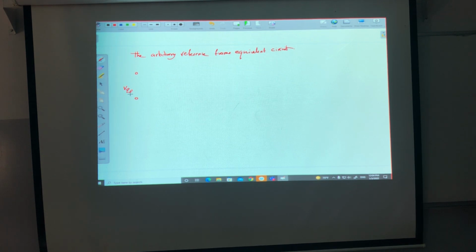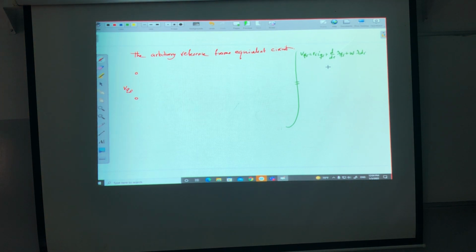So let's recall here. VQS will equal RS IQS plus d by dt of lambda QS plus, here it was omega lambda ds, correct?